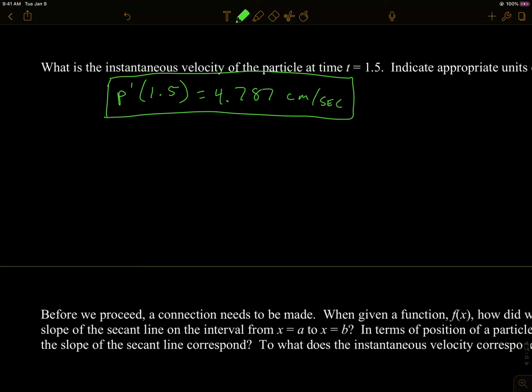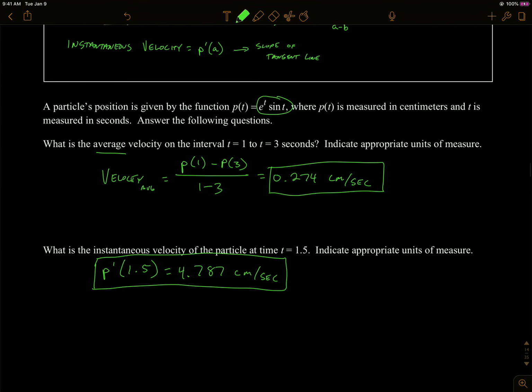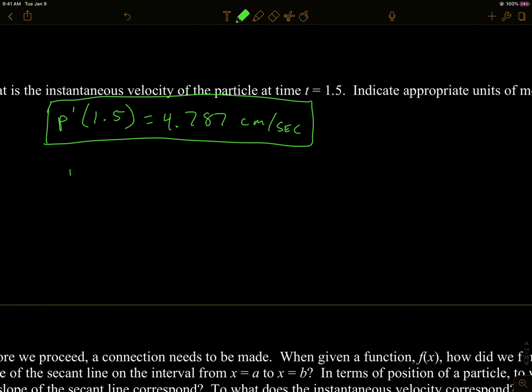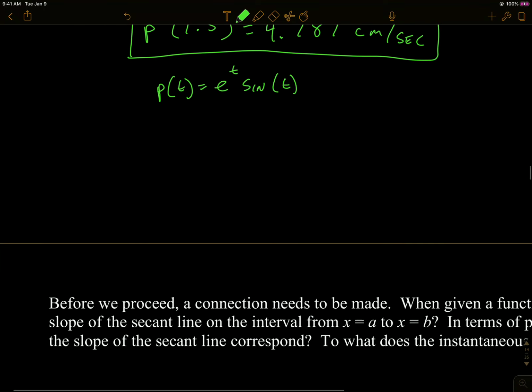Let's go ahead and do it by hand anyway. I think it's good practice to calculate this derivative. So we're going to take p of t, the position, and we're going to take the derivative of it. This is product rule. So the derivative of the first is e to the t times recopy of the second plus recopy of the first times derivative of the second.